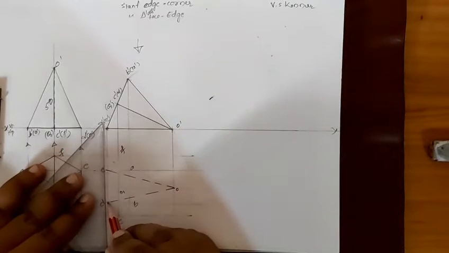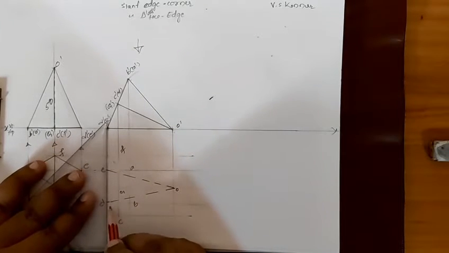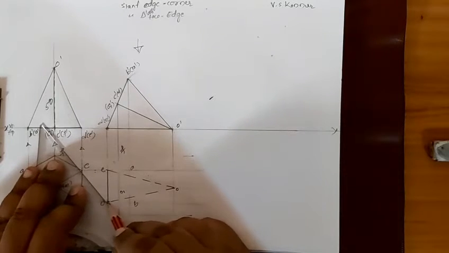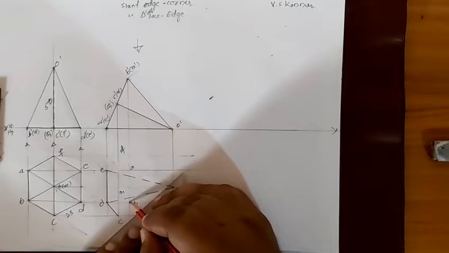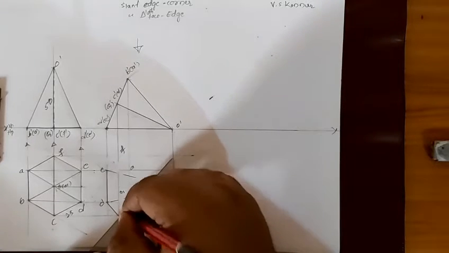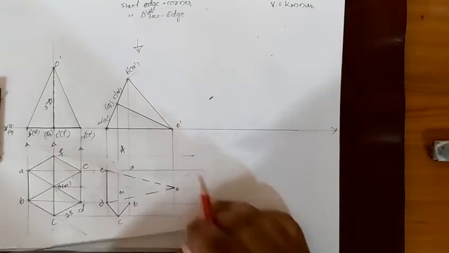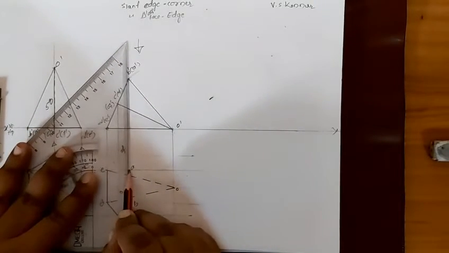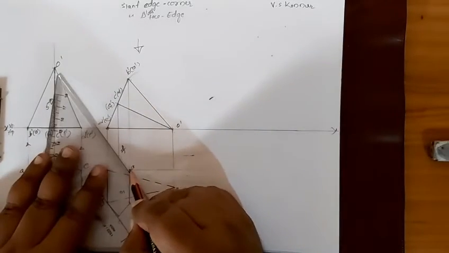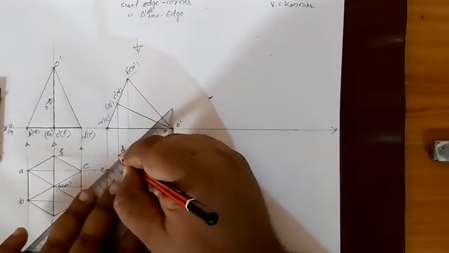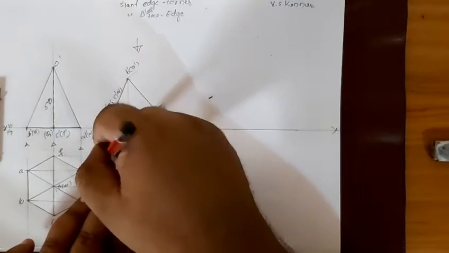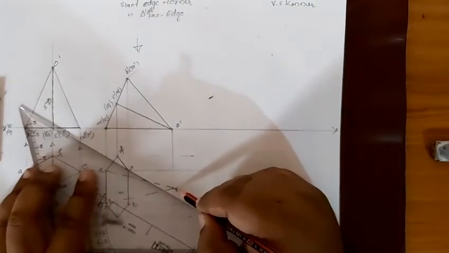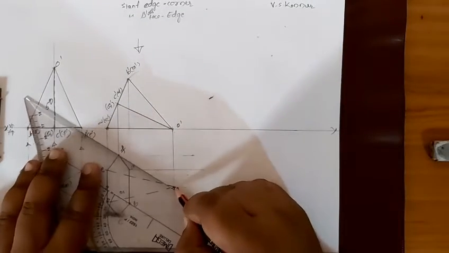Next, all other lines are continuous. All the points will be joined to the O point.